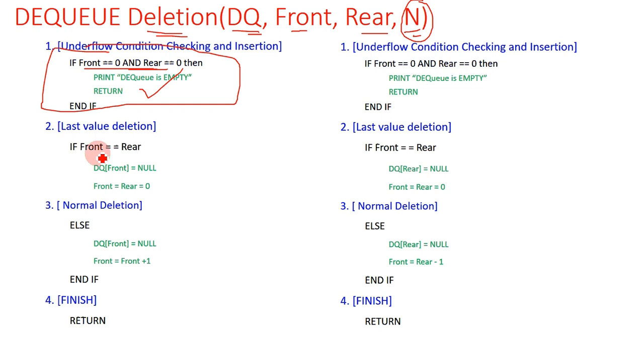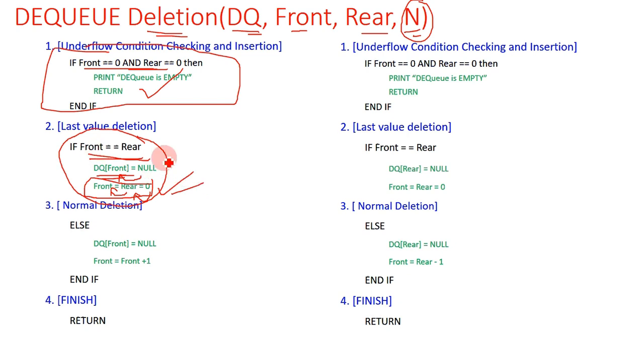Okay, if front is equal to rear, it means there is only a single value in the DQ. So delete that value at the front location and assign 0 to both the rear end as well as the front end. Means that now the whole DQ is empty.